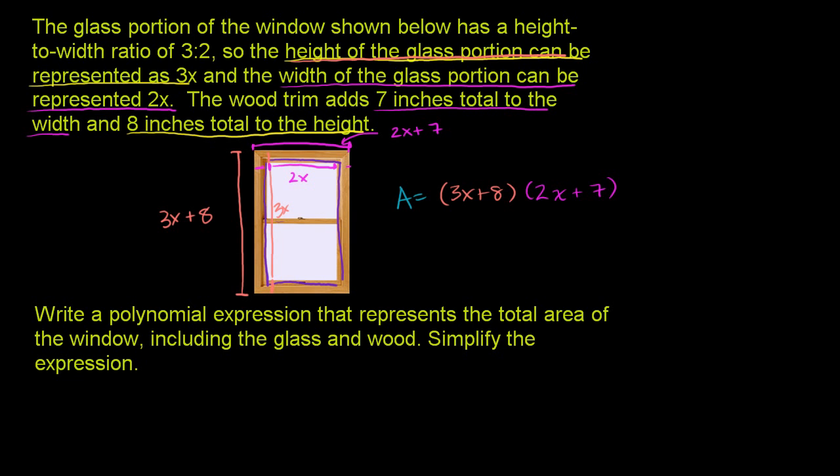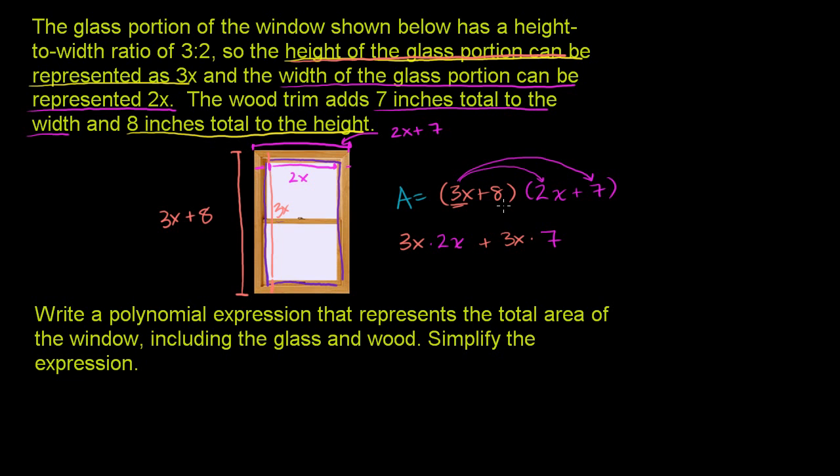The way you can think about it is we're doing the distributive property twice, essentially. Let's multiply 3x times 2x. That's multiplying it times that. Then you want to multiply 3x times 7. Plus 3x times 7.